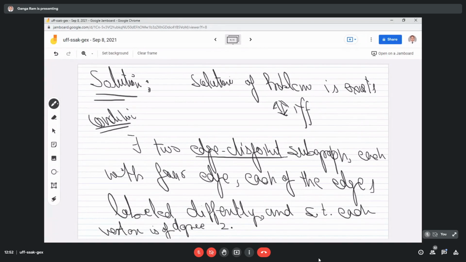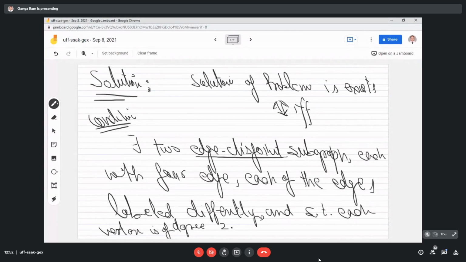I have already discussed what an edge disjoint subgraph is and what the degree of a graph is. Each edge labeled differently means we have to find two subgraphs, and each subgraph has 4 labels: 1 2 3 4, 1 2 3 4.